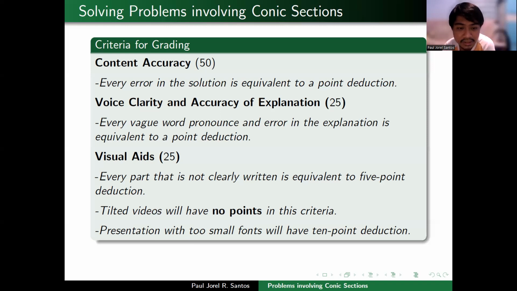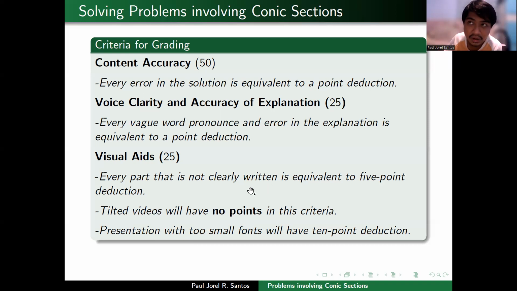And your presentation should have no too small fonts because it is not proper and I do not want to misread your work. Okay, presentation with too small fonts will have 10-point deduction.